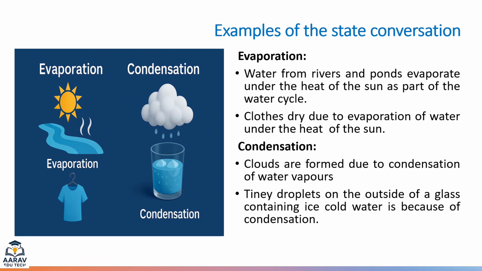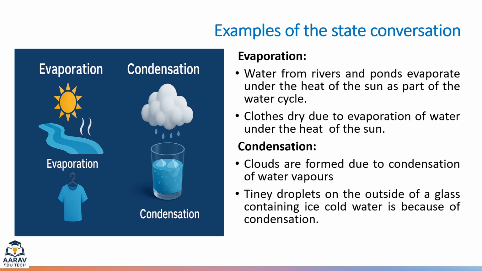Some real life examples of state changes. Evaporation happens when water turns into water vapor. Water in rivers, lakes, and even wet clothes dries up due to the heat of the sun.